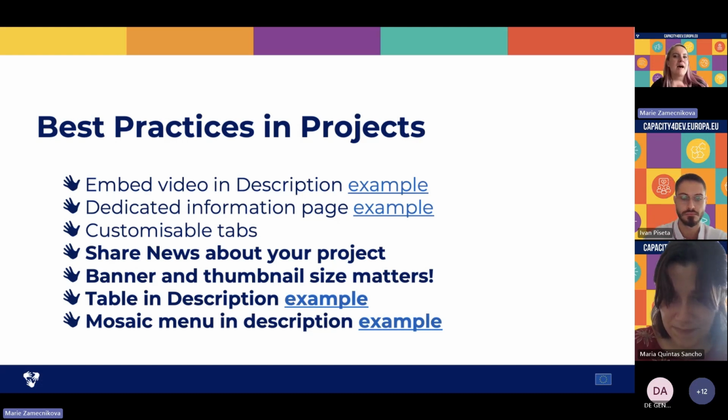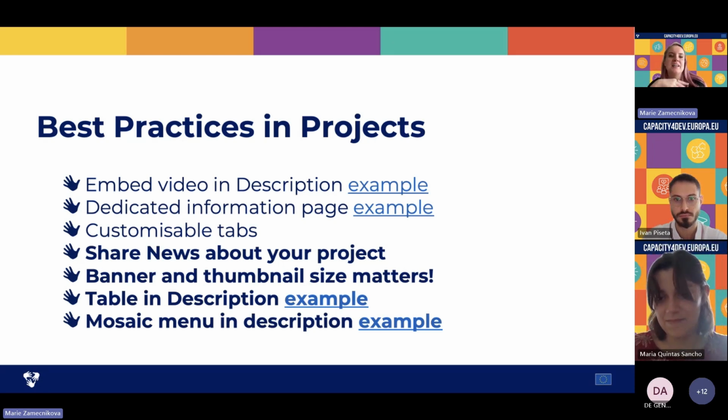We already touched a bit upon this subject in the group, but we will cover it again for the project. Then there is the big difference between the projects and the groups, and it's the customizable tabs. In the projects, you can really play around with your navigation tab, and you can even link to different external pages so that people can submit or subscribe to your newsletter right away.